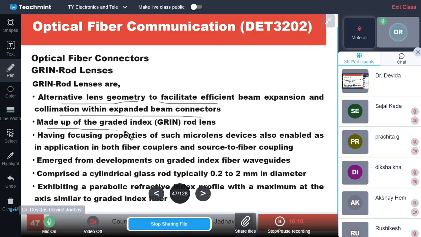So made up of the graded index rod lenses having the focusing property, such a macro lens device is also enabled in application in both fiber couplers and source to fiber coupling.